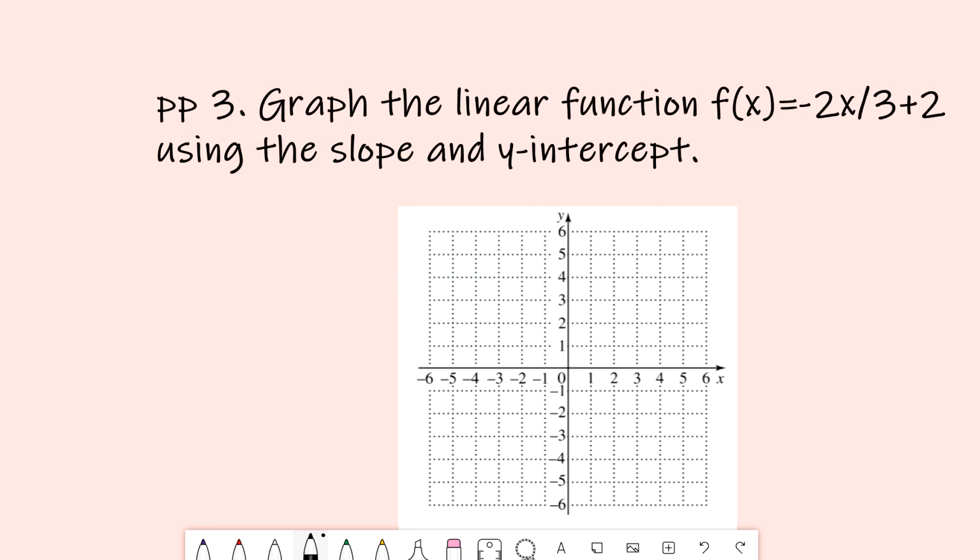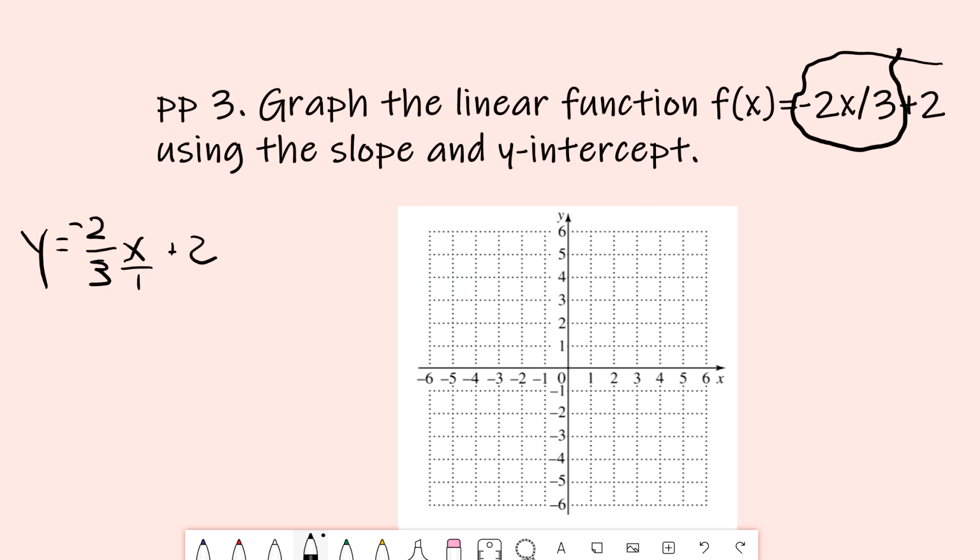So let me say something about how that's written. First of all, many times we see it as y equals negative 2 over 3 with the x in the middle, plus 2. I wrote it carefully this way to mean the same thing, because this x is really over 1. So when I multiply two fractions, it's negative 2 times x divided by 3 times 1, which is 3.